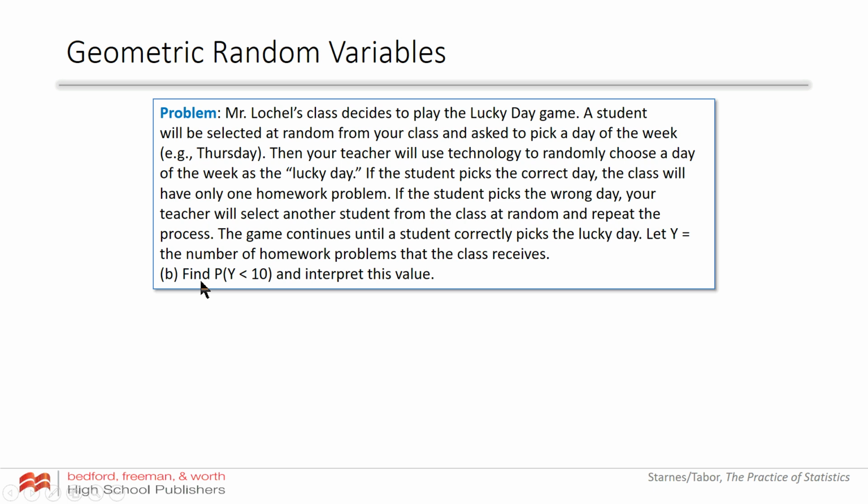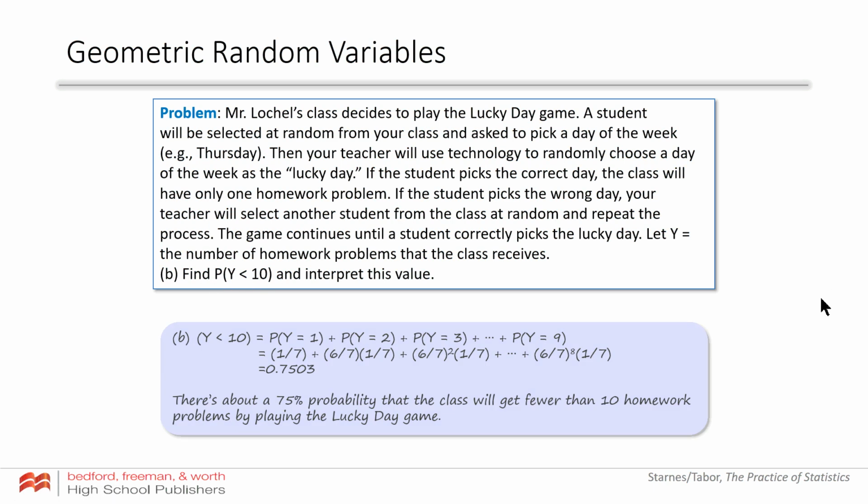Now, here's the question. Find the probability that y is less than 10. So we already determined that this is geometric, so we know we can use that formula. But the probability that y is less than 10 would be the probability that y is equal to 1 plus the probability that y is equal to 2 plus the probability that y equals 3, etc., all the way up to the probability that y equals 9.